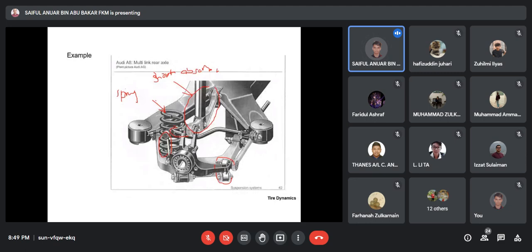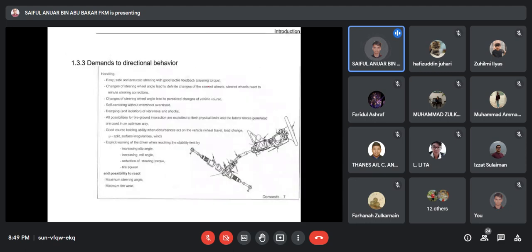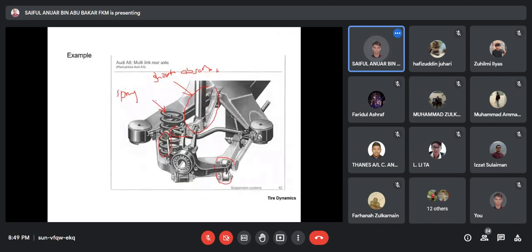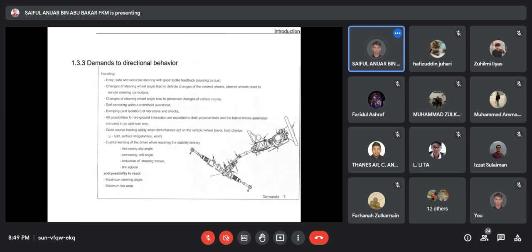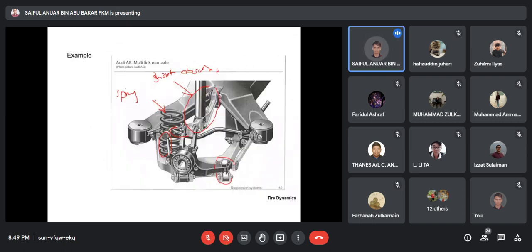Okay, before we go to the directional behavior for handling, and how the suspension and steering system should be expected to provide good handling to the vehicle, I'm going to take a look again at the advanced suspension.